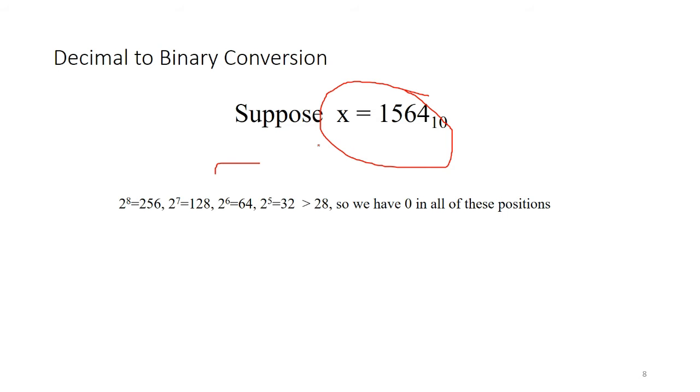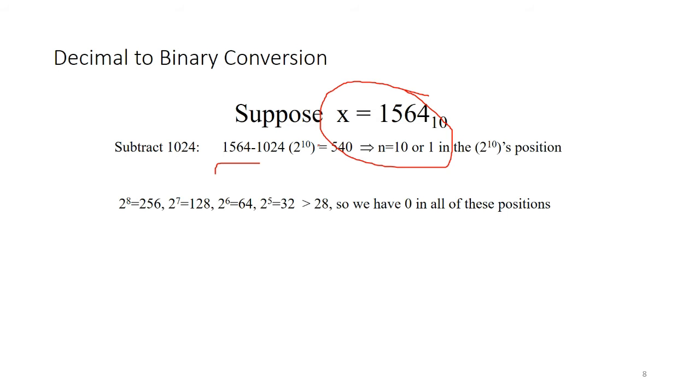So we have 0 in all these positions. As you can see, we are just trying to revise the previous concept. I showed you a shortcut method, you remember I made a video on this one. I'm just trying to review that.